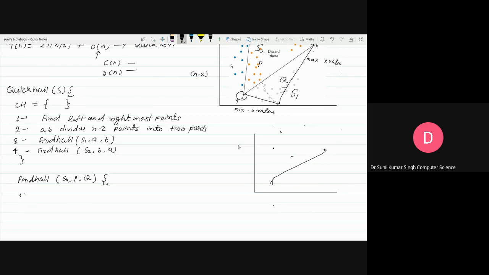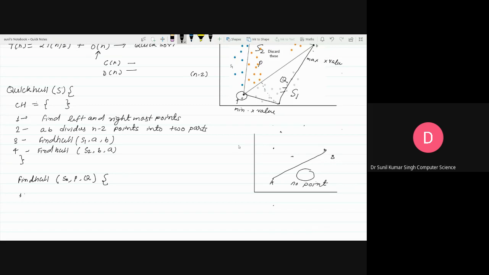So here it will be A and this one will be B. Now in this division, you can see in this region there is no point. So it is also possible, although the upper diagram is a very general diagram. It is covering the cases like points are in both sides, but this is also possible.